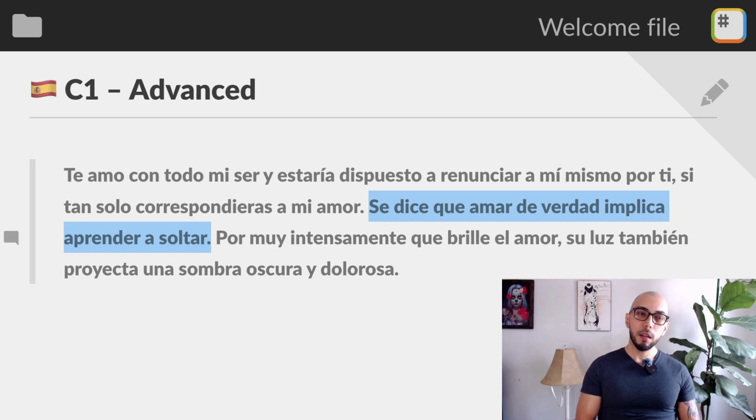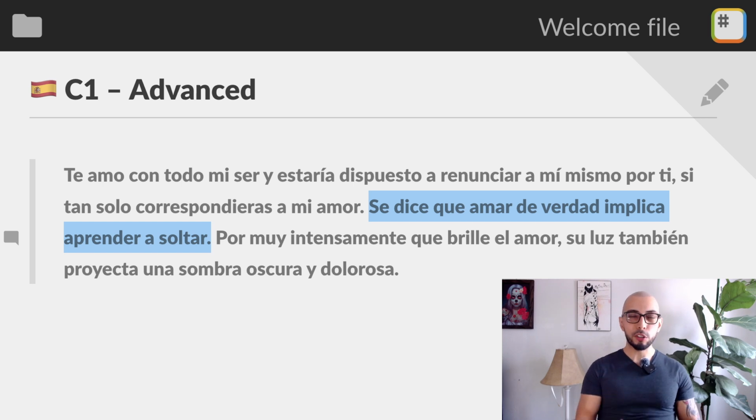I like this idea that loving means knowing when to let go. This idea gets translated well in all but maybe the A1 level. I'm not sure. I don't recall. But here, I think it's really nice. It's really well crafted. It's not just the right vocabulary or the right grammar, but the way the sentence is crafted. Chef's kiss.